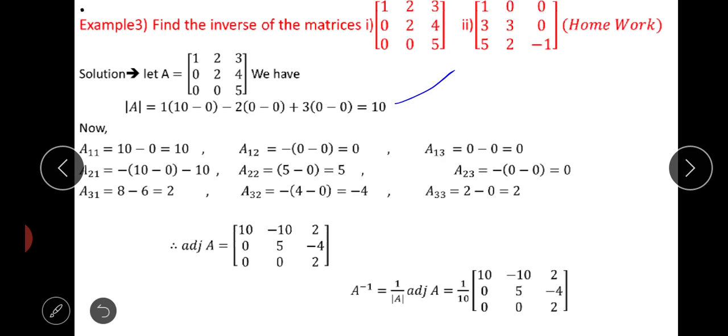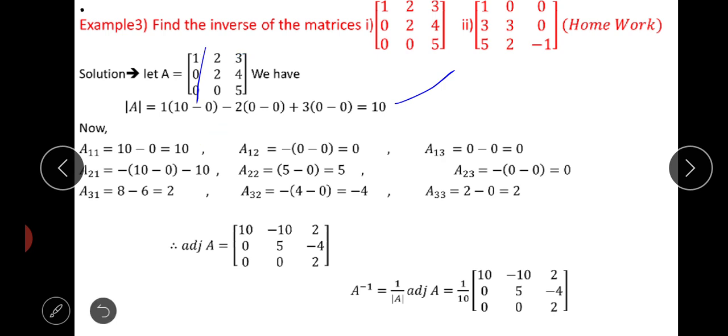Now to find the inverse, you have to first find the cofactors and the adjoint of A. To find the adjoint of A, you have to first find the cofactor of each element. To find the cofactor of A11, delete the first column and first row: 5 into 2 is 10, minus 0, so we get 10.